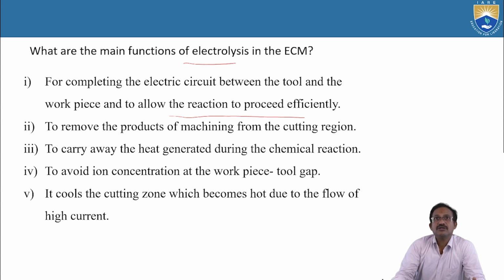Second, to remove the products of machining from the cutting region. Obviously after machining, the debris will be near the tool and the workpiece, so it has to be removed by the electrolyte.